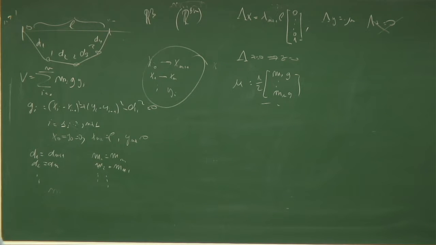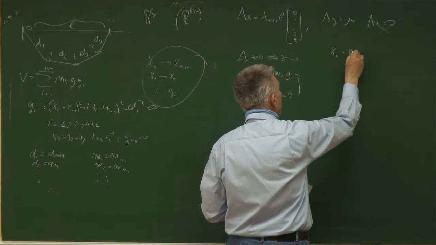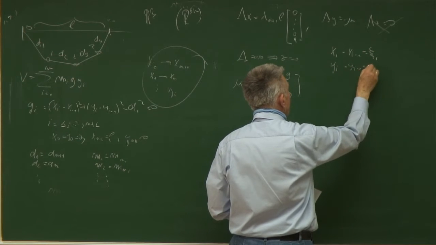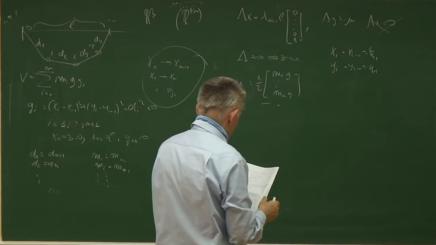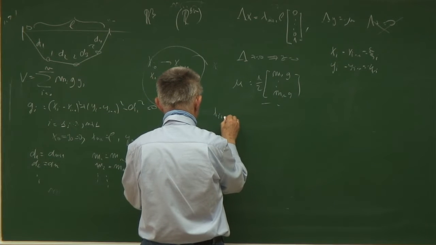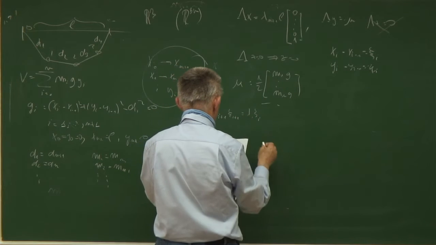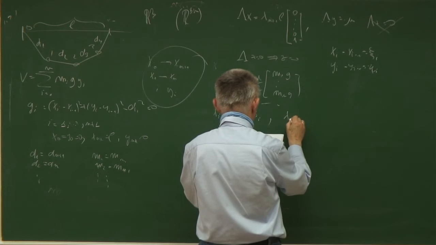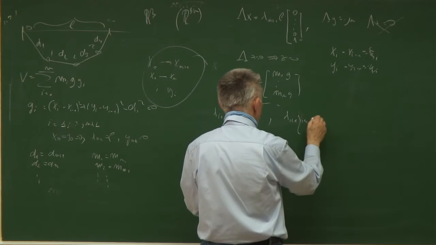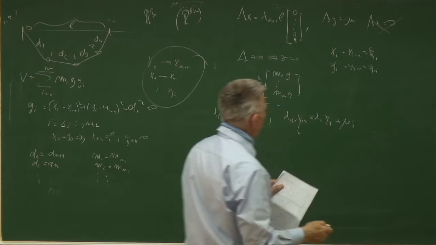Then, by introducing the differences, we can write down those equations like lambda i plus 1 xi i plus 1 is equal to lambda i xi i, and lambda i plus 1 eta i plus 1 equals lambda i eta i plus mu i.